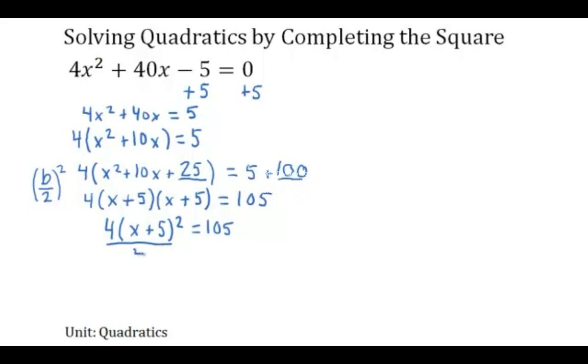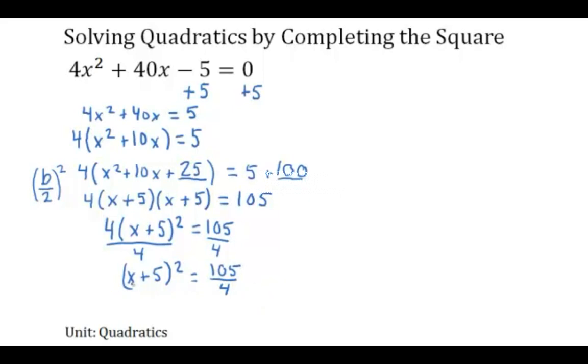Dividing by 4 would be my first step, to leave me with x plus 5 squared equals, and at this point you can make some decisions: do you want to leave this as a fraction or as a decimal? Can you reduce it? I'm going to go ahead and leave it as 105 fourths.